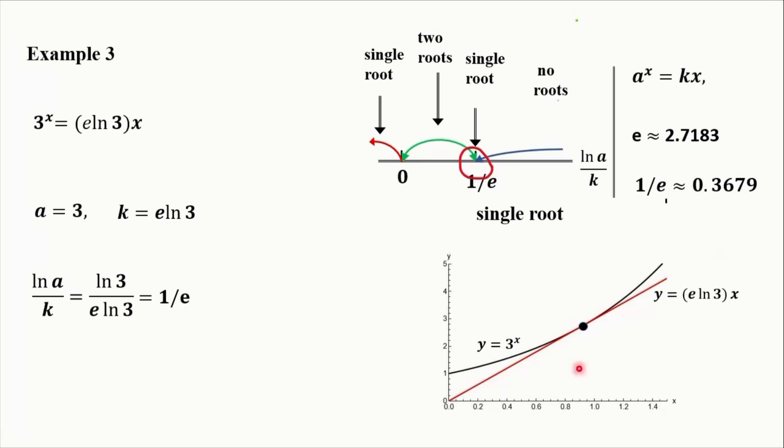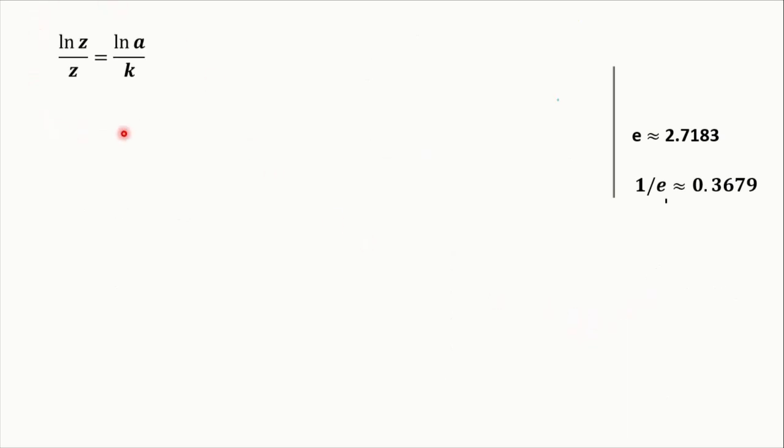In this specific case, we can find x. How to do this? First, we return to our equation for z. We replace ln a over k with 1 over e, so we have this equation. This equation has the evident root z equal e, and this is the only root of this equation.